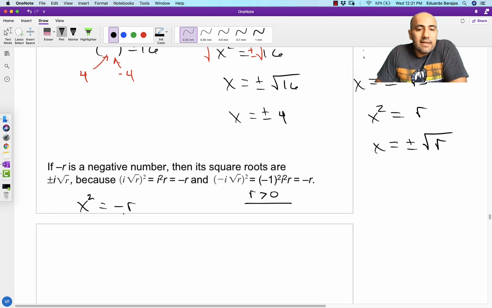Then that means that negative r is going to be negative. Negative r is less than 0. Negative r is a negative number.